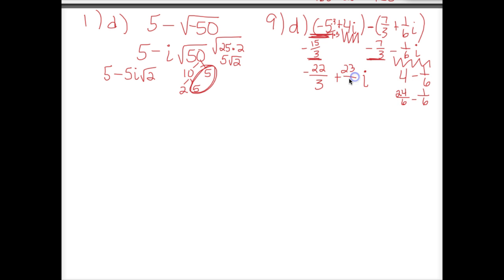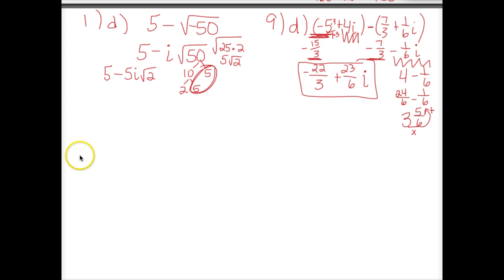So 23/6 i. You could also say that 4 minus 1/6 is 3 and 5/6, and then convert that to a mixed fraction by doing big times bottom plus the top. So 3 times 6 is 18 plus 5 is 23. So either way, you should get this for your answer.